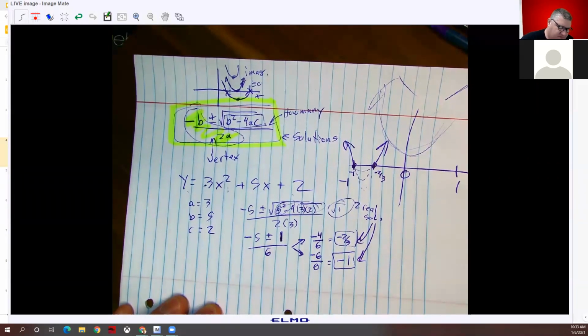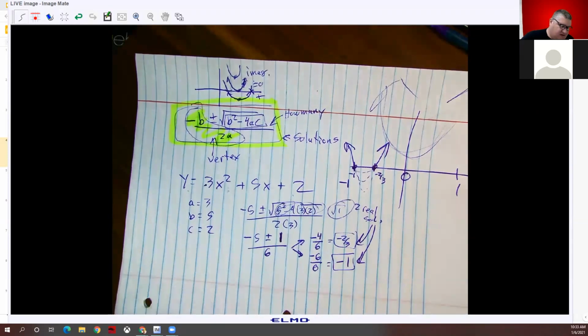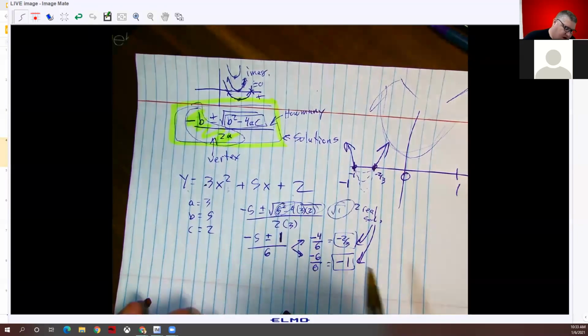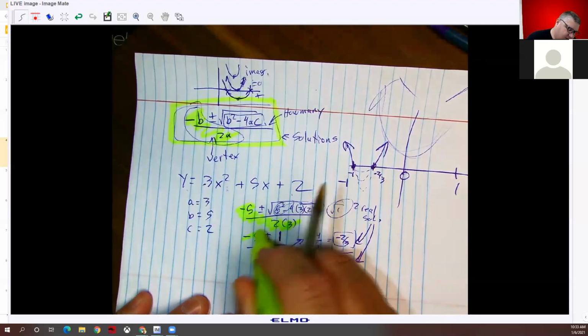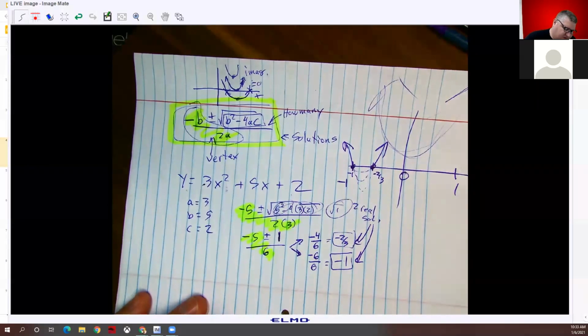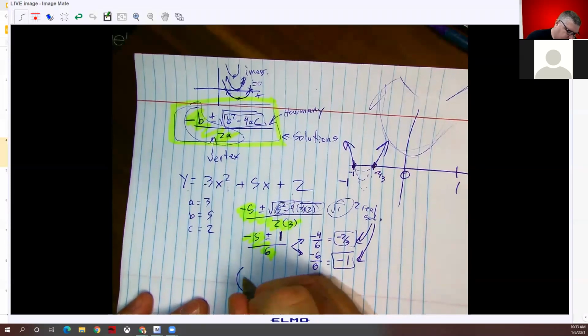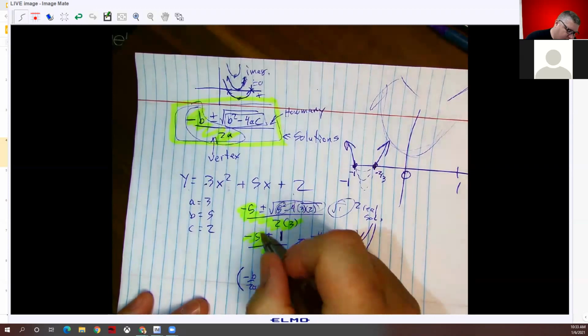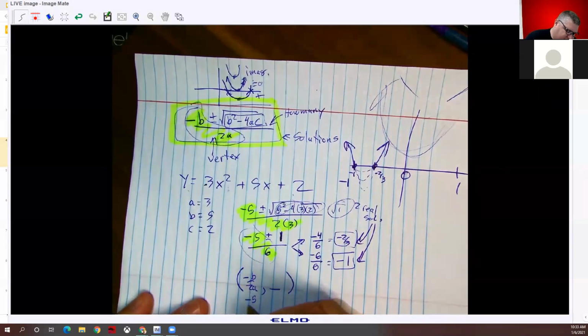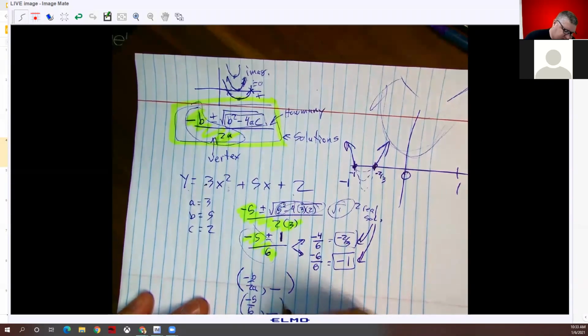Well, here's the good news with the vertex. Like I mentioned previously, opposite of b over 2a gives us the vertex. So we know that the vertex is negative 5/6, and we just got to find y.